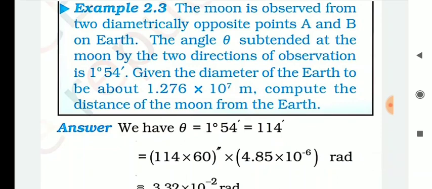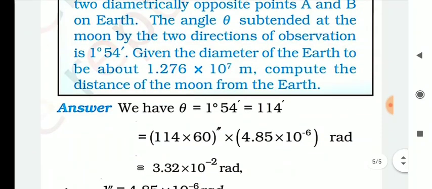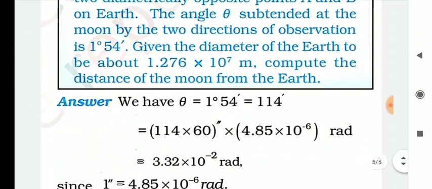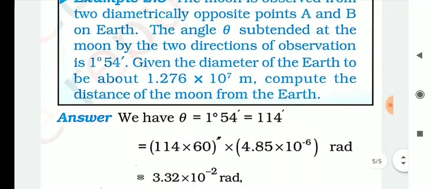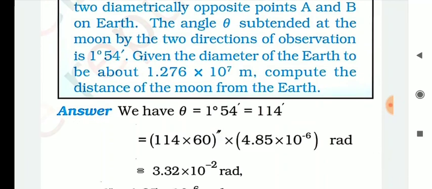The angle subtended at the moon by the two directions of observation is 1 degree 54 minutes. Given that the diameter of the earth is about 1.276 into 10 to the power 7 meter, compute the distance of the moon from the earth. Basically, that example is based on the parallax method. So how will we implement the parallax method to calculate the distance of the moon from the earth?